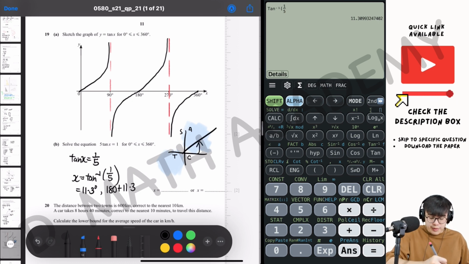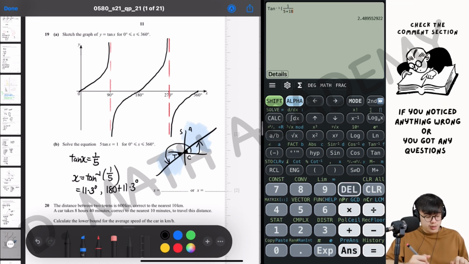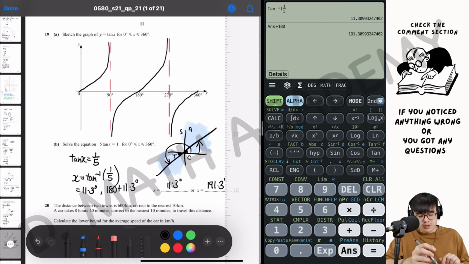One answer will be here, the other one will be all the way here. Kindly take note that these 2 angles have the same tangent, that's why I took 180 plus 11.3. So that will get you 11.3 as well as 191.3 as your final answer for this question.